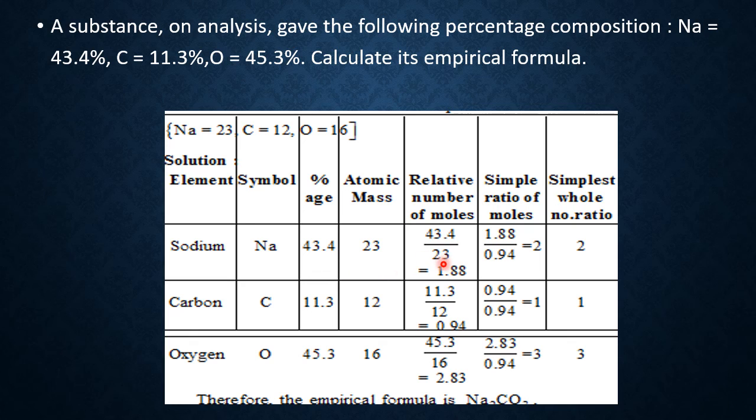Which is a fraction, so to make it a whole number, the least number is 0.94. So 1.88 by 0.94, 0.94 by 0.94, and similarly 2.83 by 0.94. The answer is 2, 1 and 3. So the empirical formula becomes Na2CO3.